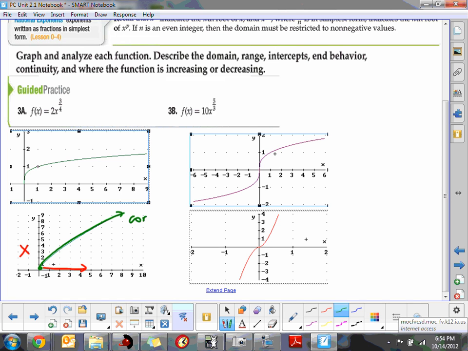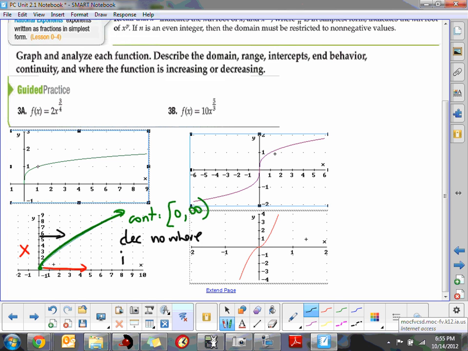So when we talk about continuity, we want to list it from, we've got to include 0, 0 to infinity. From this point on, this graph is continuous, doesn't have any breaks or gaps in it, but can't go to the other side. And where is the function increasing or where is it decreasing? As we read this graph from left to right, this graph is continually increasing. So it's decreasing nowhere.